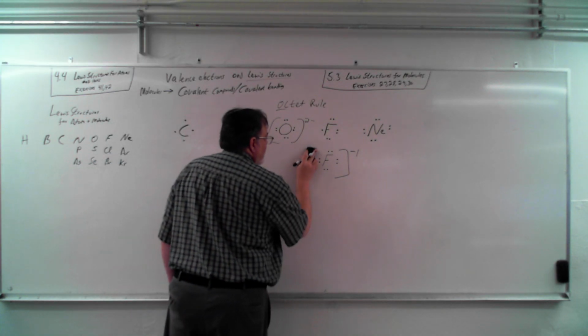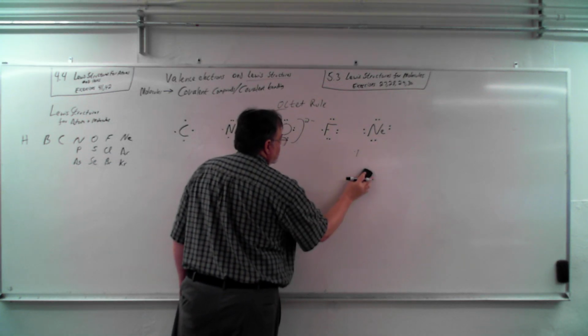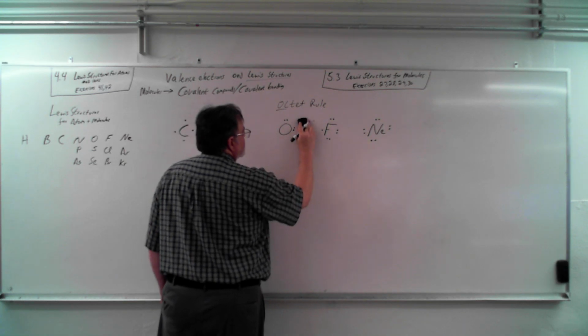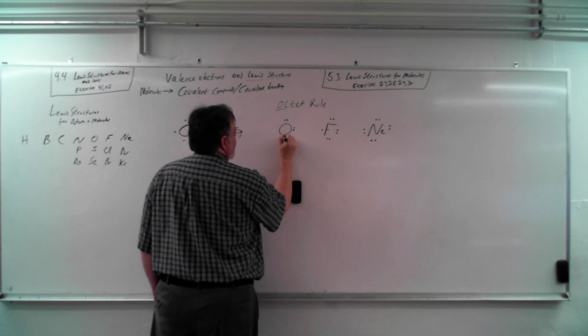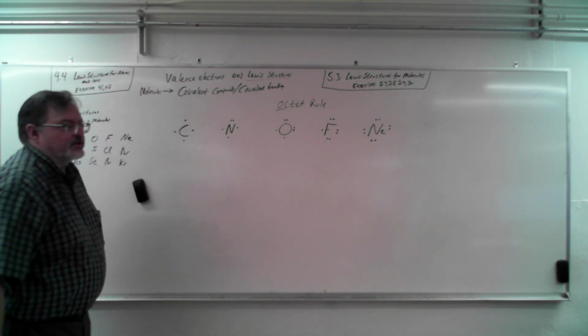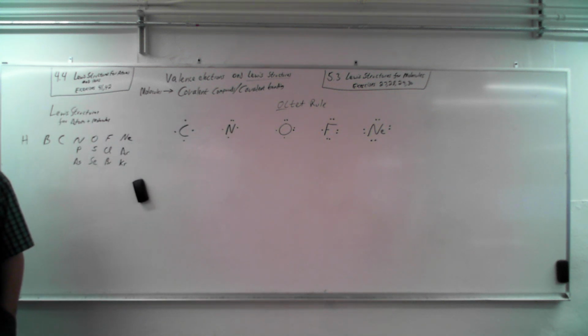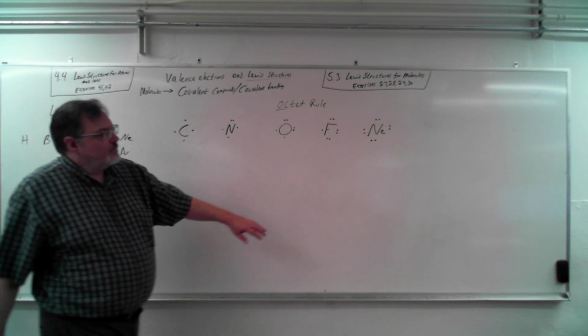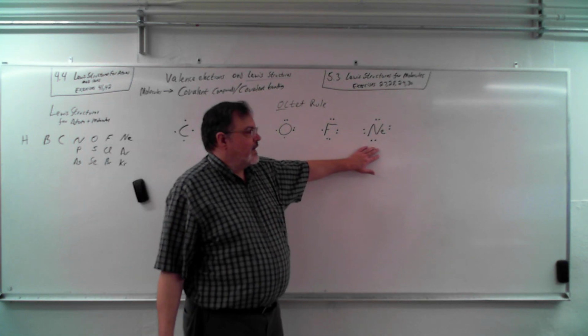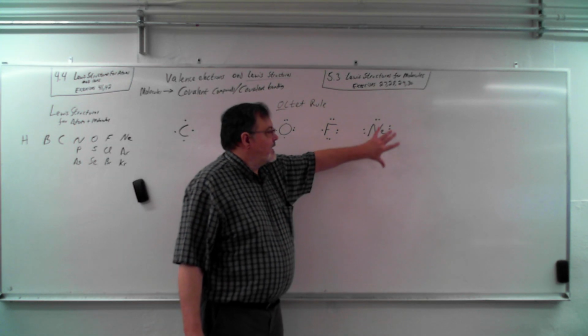But getting away from ionic compounds and sticking to covalent compounds, here's what you can find out from these Lewis structures. Neon doesn't tend to ionize because it's already got a full octet.